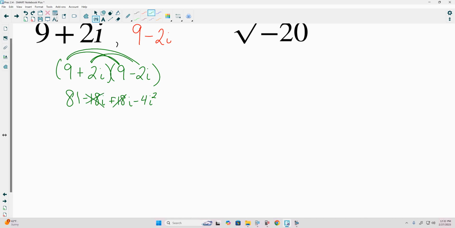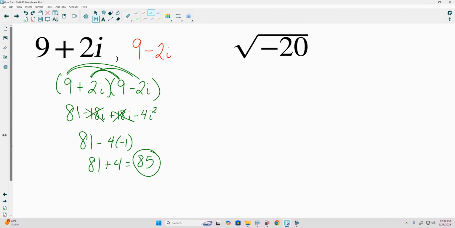Well, negative 18i plus 18i gives us 0. And again, i squared is negative 1. So we're really saying that we have 81 plus 4, telling us that their product is 85. So the complex conjugate was 9 minus 2i, and their product was 85.